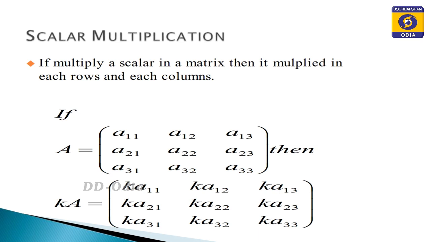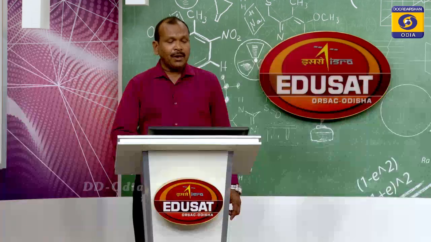Suppose A is a 3 cross 3 matrix with elements A11, A12, A13, A21, A22, A23, A31, A32, A33. Then k times A means k is multiplied in each element of the matrix, that becomes kA11, kA12, kA13, and so on. That becomes the scalar multiplication of a matrix.